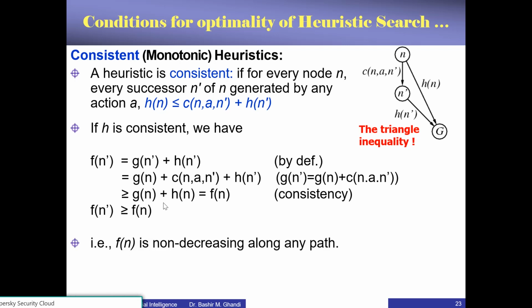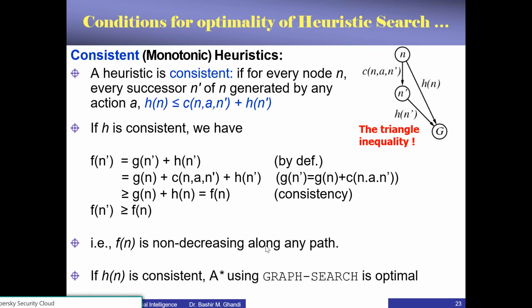So basically, this is what it means when we say a heuristic is consistent: f is non-decreasing. Now we have a statement here that if h(n) is consistent, then A star using graph search is actually optimal.